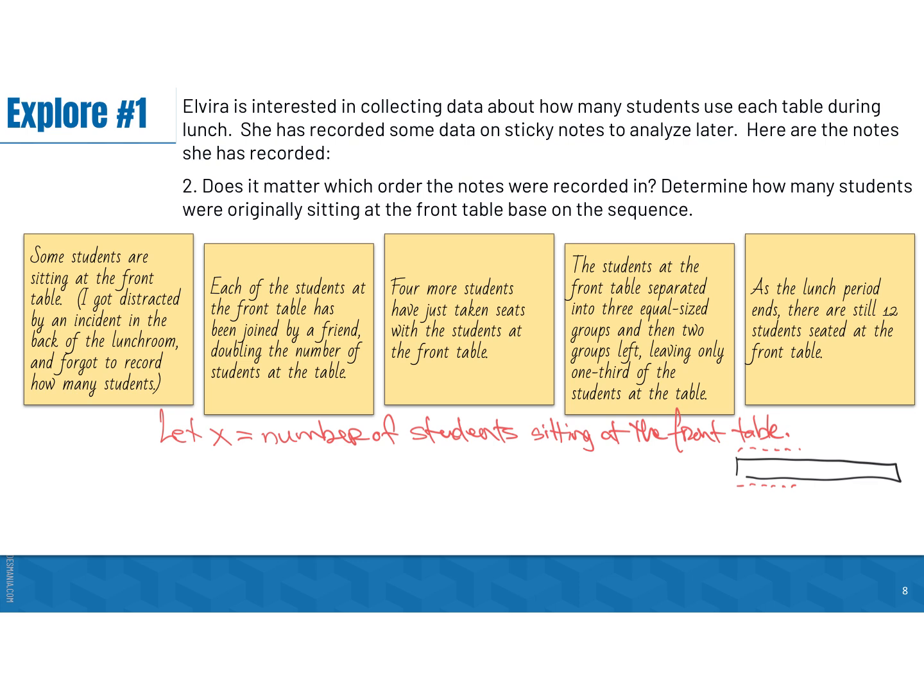So this first part is what is left over, which is 12, and then we still have that table. What happened? Well, they went into 3 groups of equal parts, and then 2 of them left.